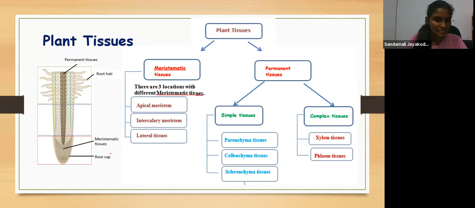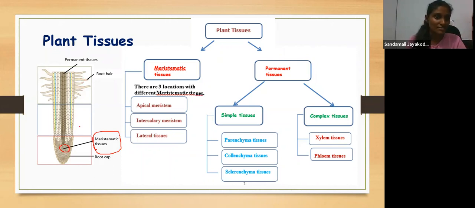Here you can see the meristematic tissue area. It contains small cells. In the permanent tissue area, the cells have changed into big cells, and there are different colors here. This blue strip and this yellow strip are tissues doing different functions, and there is a root hair here.